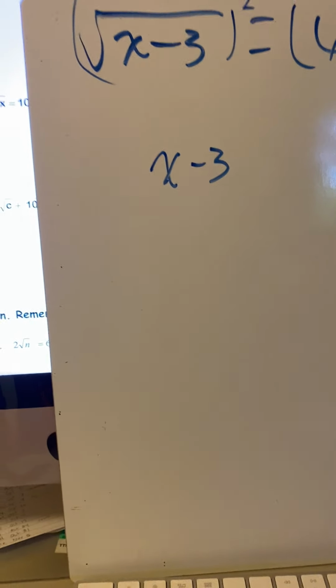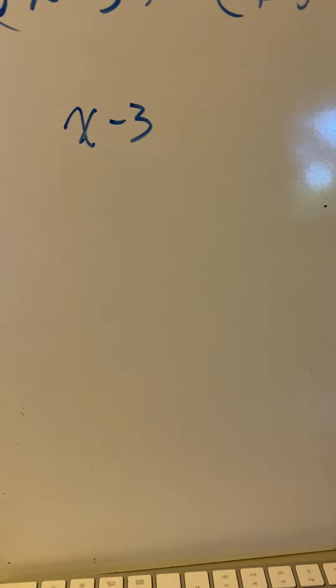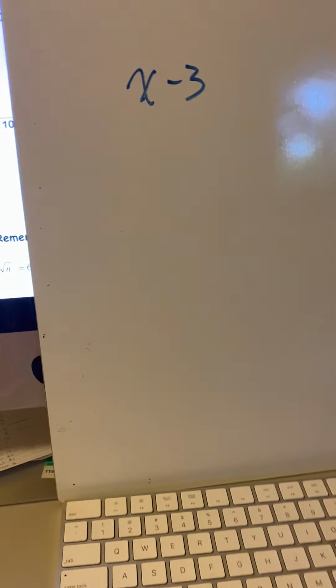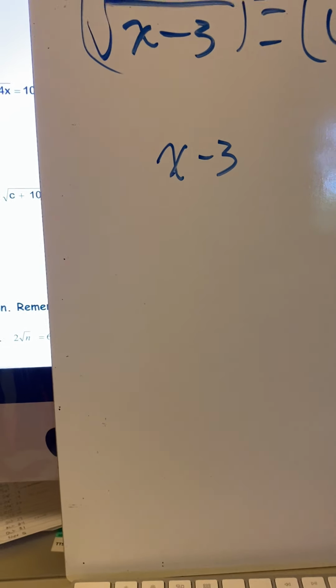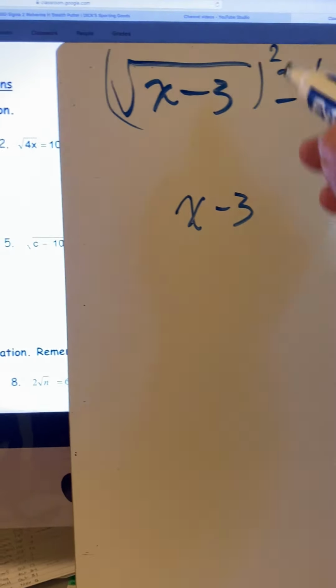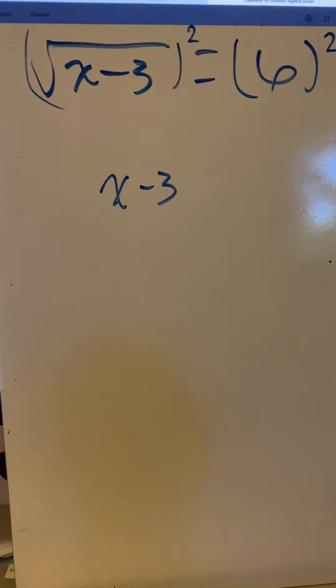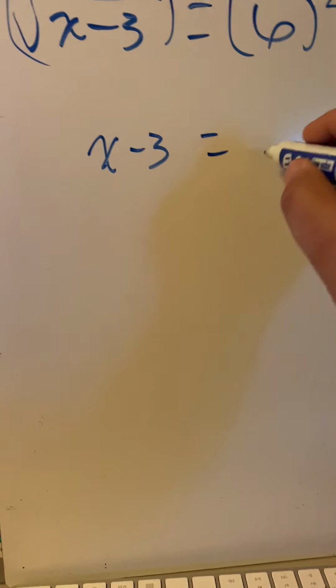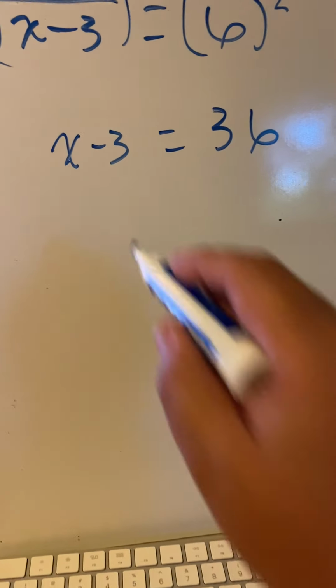I don't need to show you the FOIL method of x minus 3 times x minus 3 when you work this out. Suffice it to say, it's just x minus 3. Just know, if you square the expression that's inside the radical, it's just the expression that's inside the radical. Now you've got to square the opposite side. 6 squared is 36. Now it's just a one-step equation.